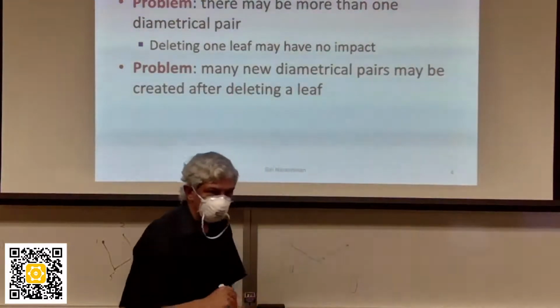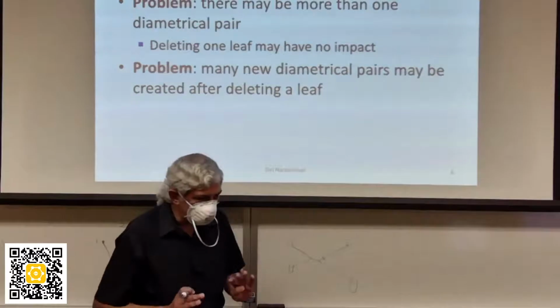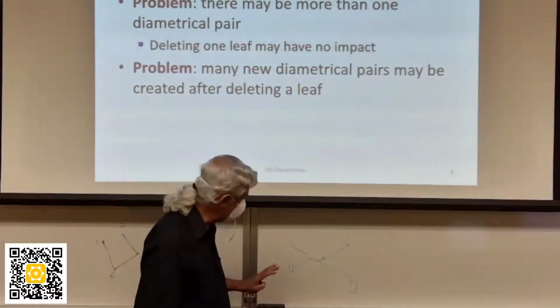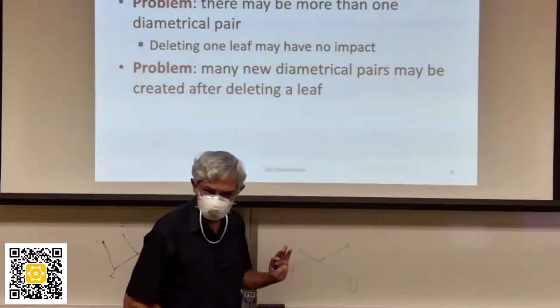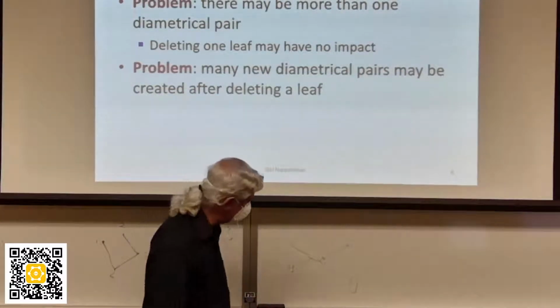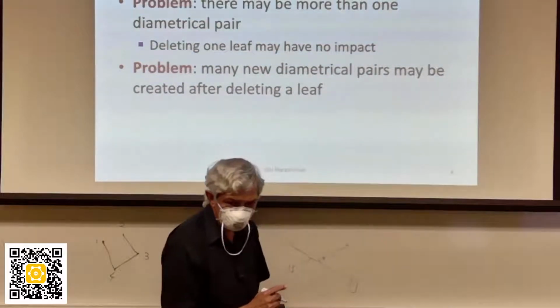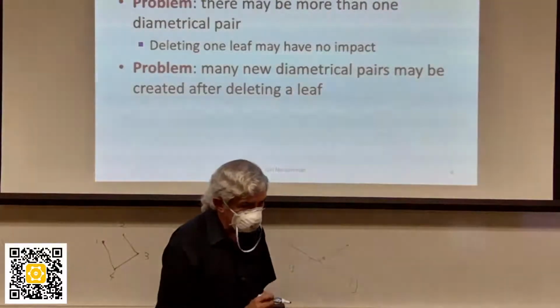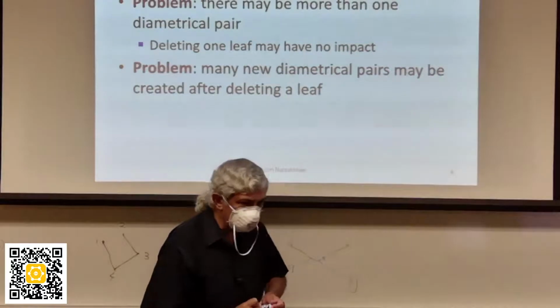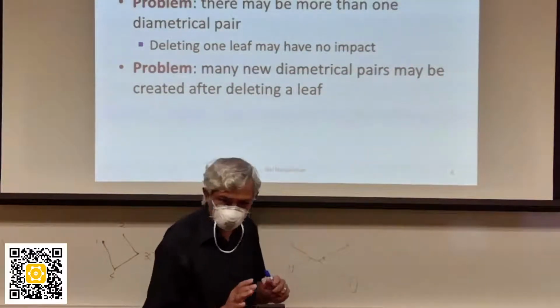One of those is going to be longer than the diameter. So what we're saying is that it doesn't matter if the tree has more than one diametrical path, they must all go through some center. That's really what we are proving here. I didn't give you a formal proof, but I'm just giving you some intuition as to why that's true. Does that make sense? You're happy with this?